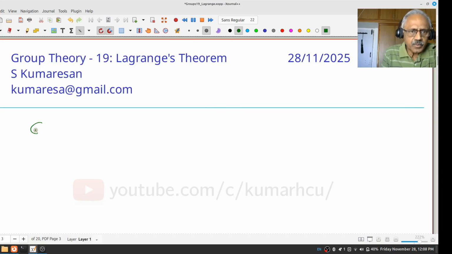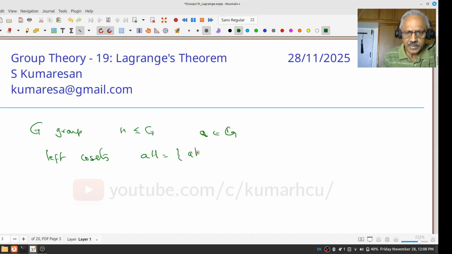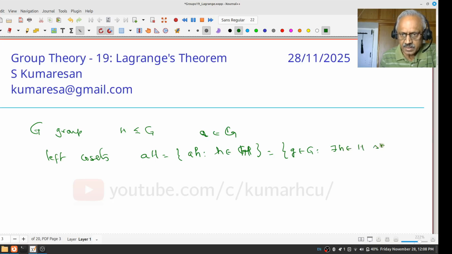So let G be a group, H a subgroup of G, then we define left cosets. Fix an element A in G, then AH is the set of elements of the form A times h, where h varies over H. In set theoretic notation, this is the set of elements g in G so that there is an h in H so that g is of the form A times h.